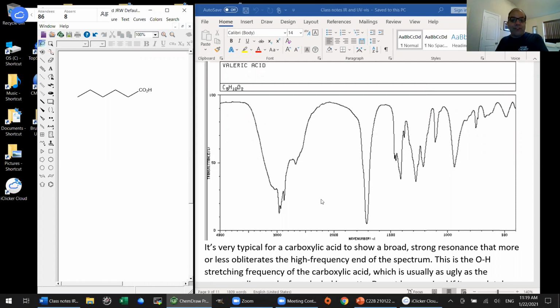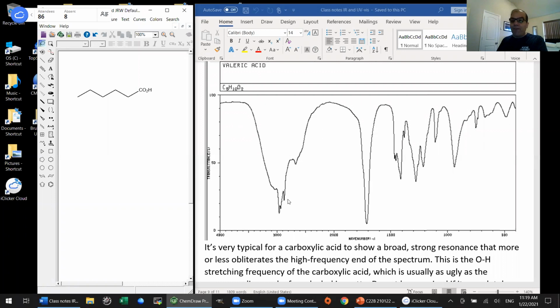Beyond that, we also have our OH stretch, and as beautiful and smooth and pretty as the alcohol OH stretches, it is exactly that ugly for a carboxylic acid. Exceedingly broad, very unsymmetrical, and probably obliterating or almost obliterating any of the CH stretches. And we can kind of see them peeking out here, no pun intended.